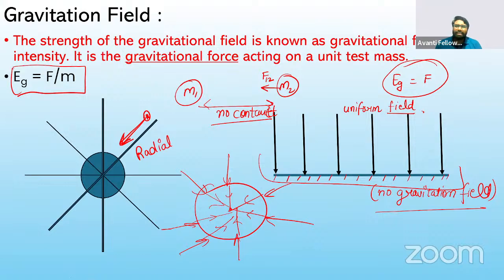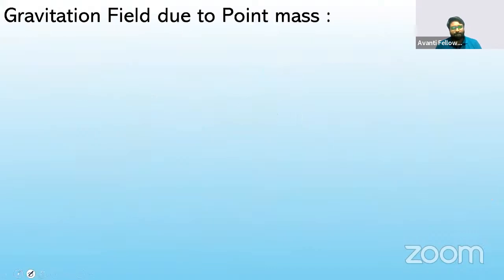And if you elaborate it, this is nothing but the gravitational acceleration itself. Now, gravitational field due to point mass. This we will discuss. How do we get the gravitational field from a point mass?